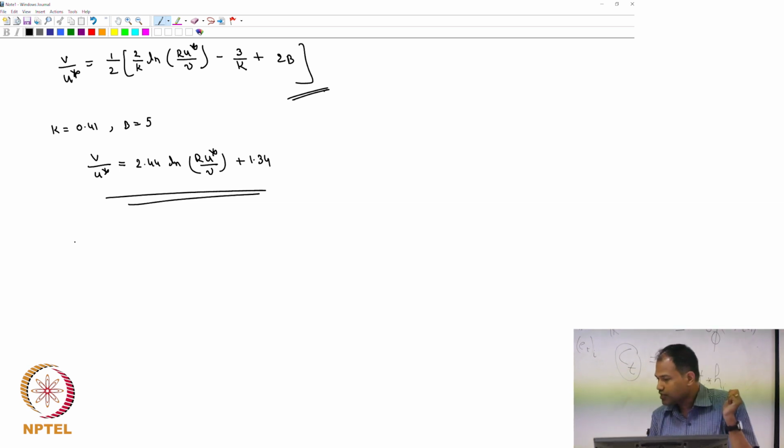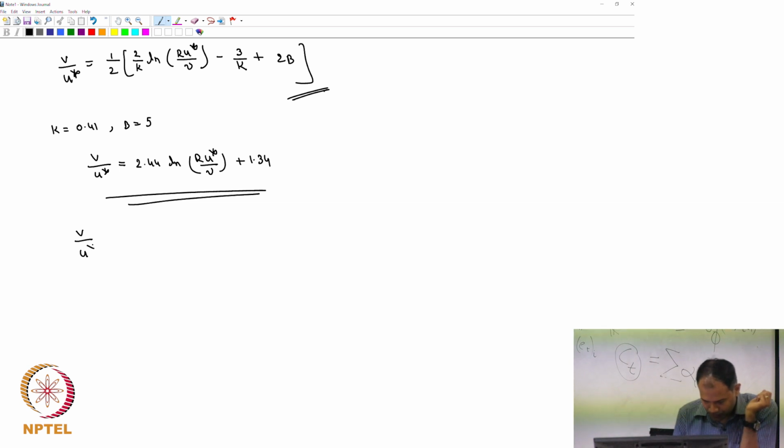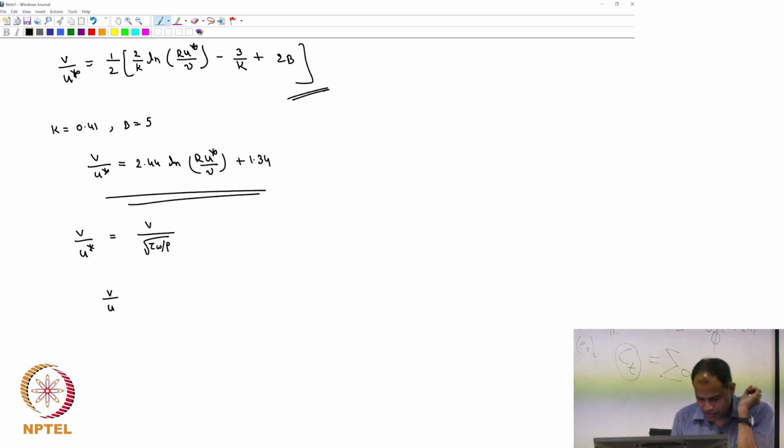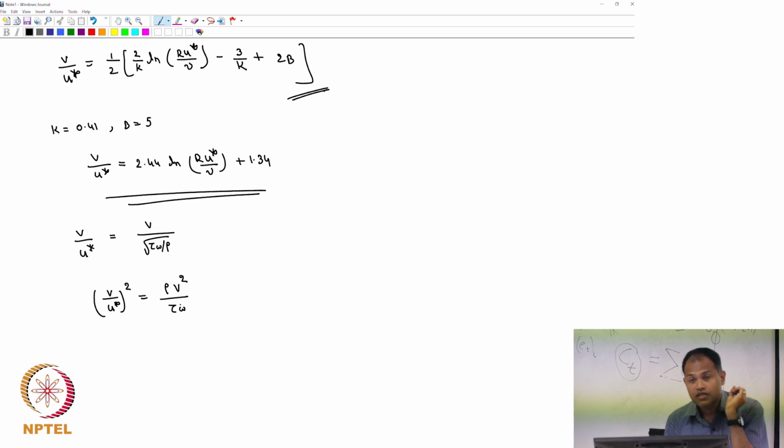If you look at this quantity V by U star, U star was defined as square root of tau W by rho. So that means V by U star square is rho V square divided by tau W.